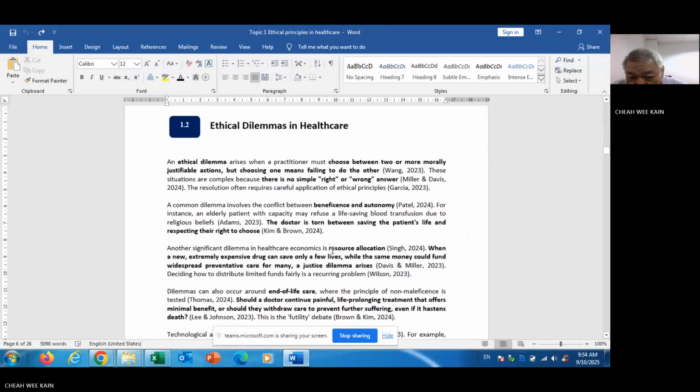Okay. Resource allocation. You want to build a new hospital so you can save more people, or you want to spend the money doing R&D to save a few people with that kind of very unique disease.